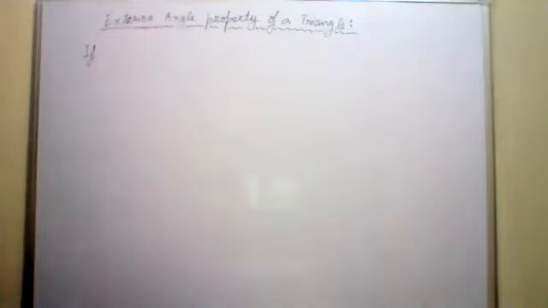It is given on page number 184, at the bottom of the page. You can see the heading exterior angle property of a triangle. Under this heading, you will see a theorem. So we are writing the statement of this theorem.